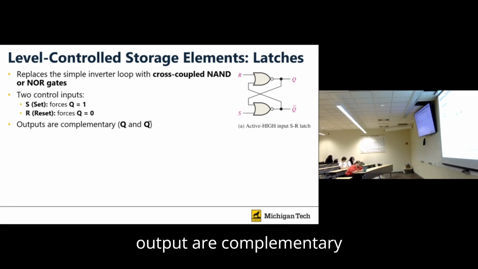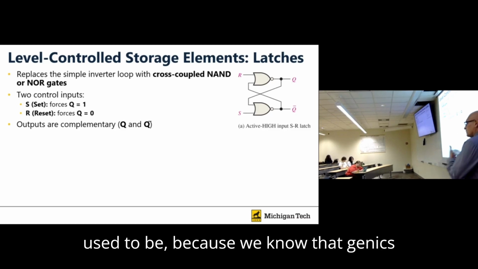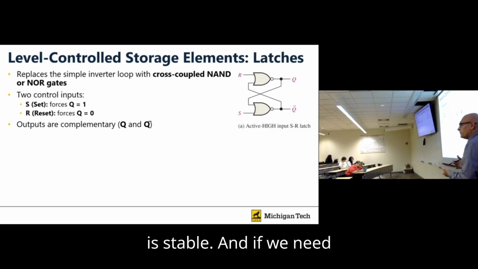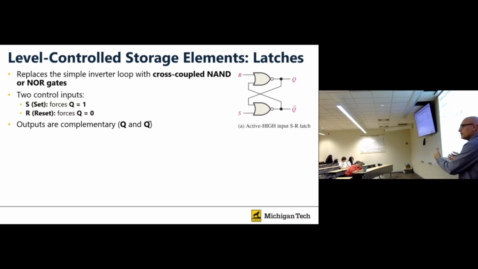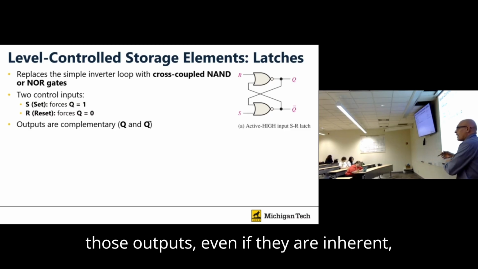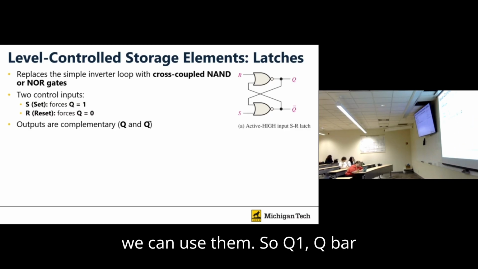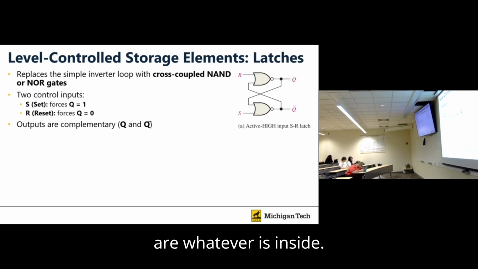So the outputs are complementary of each other all the time. Supposed to be, because that can make them stable. And if we need those outputs, they are easily in hand, we can use them. So Q and Q bar are whatever is inside. Actually, yeah. So the latch can be used as a memory element.